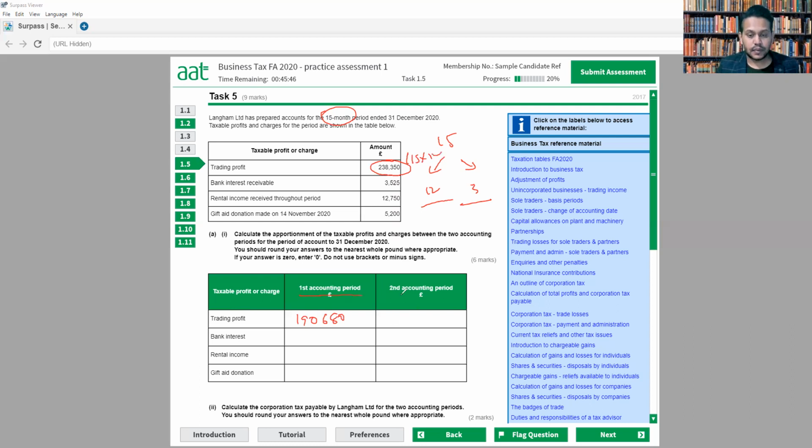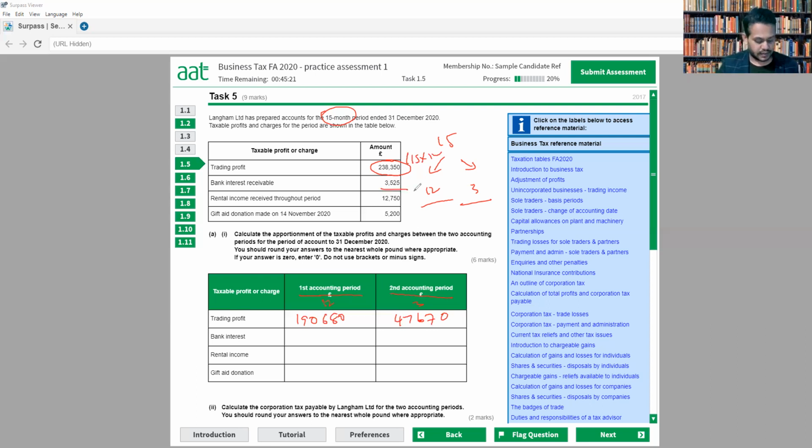And then the next accounting period for the 3 months, we do the same thing: 238,350 divided by 15 times by 3. And that will give you 47,670. All right. The bank interest, the same thing, 3525.